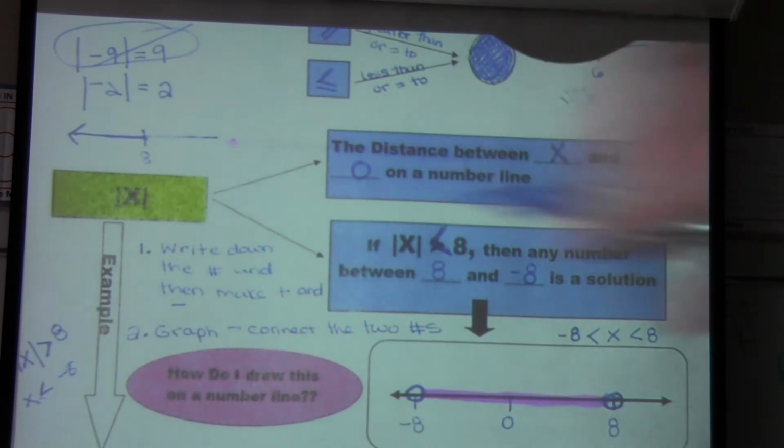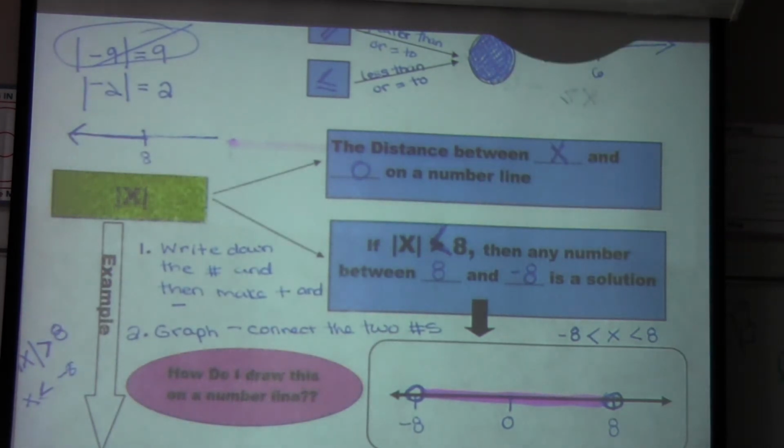Now, this is where we got confused a little bit before. Do I connect the dots, or do I draw them apart? Mrs. Jurek and I have been talking a lot about this. When it is less than, put your thumbs up.